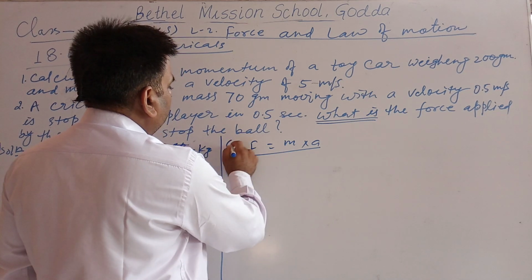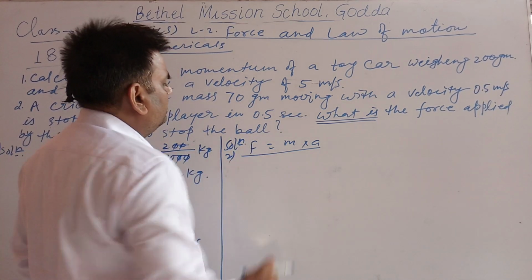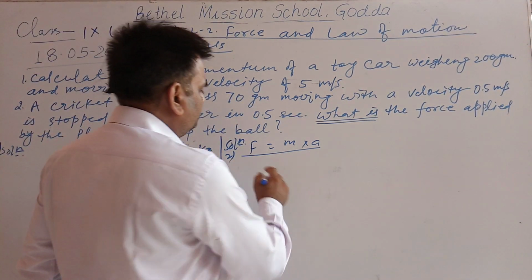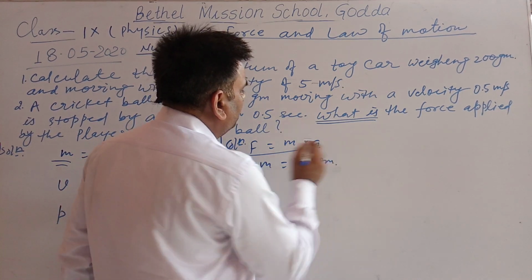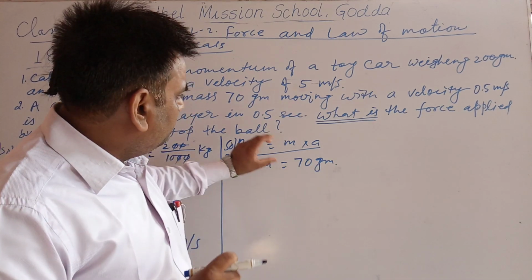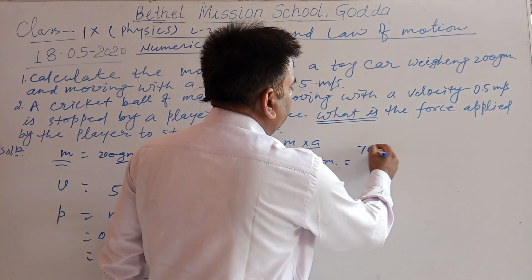The solution of question number 2. First we will write the information given. In this question, m is given as 70 gram. This is not in the SI system, so first we will convert it to the SI system by dividing by 1000.